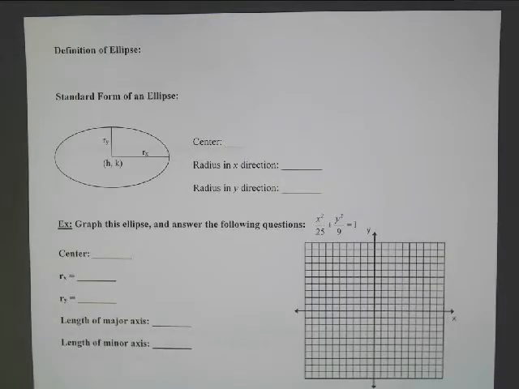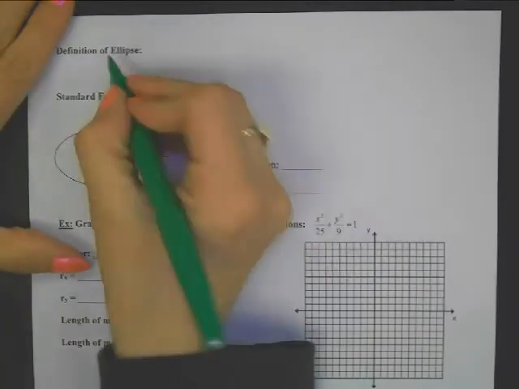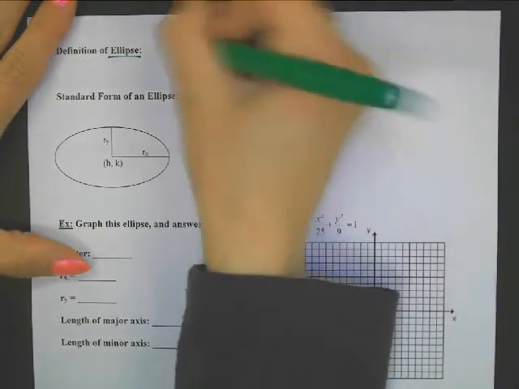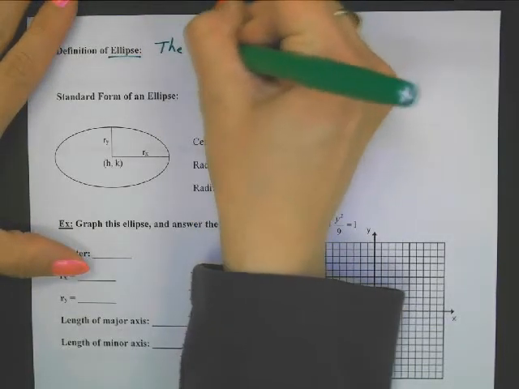Let's take a look at the ellipse. The first thing we always do is take a look at a definition. All the definitions start off the same way.